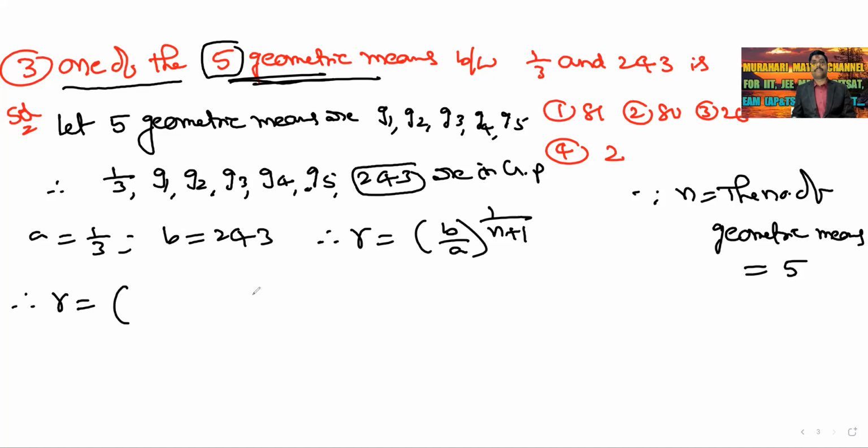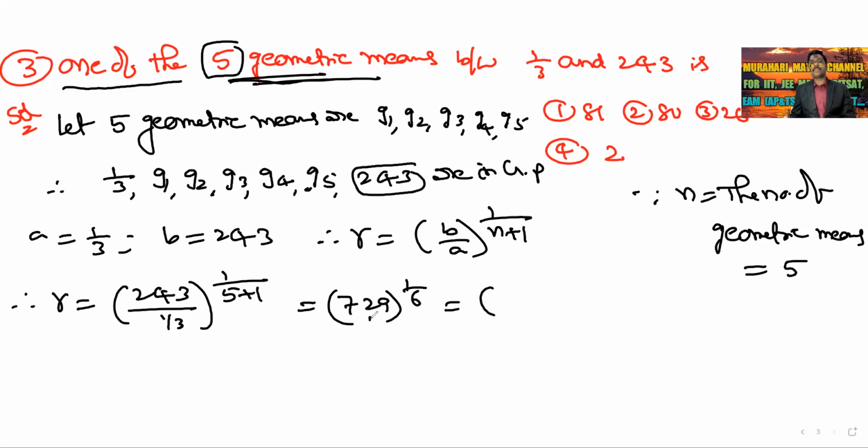Therefore, R is equal to (B/A) power 1/(n+1), where B is 243, A is 1/3, and n is 5, so 5 plus 1. It will be 243 divided by 1/3, which is 729, power 1/6. 729 can be written as 3 to the power 6, power 1/6, equal to 3. So the common ratio is 3 and the first term is 1/3.